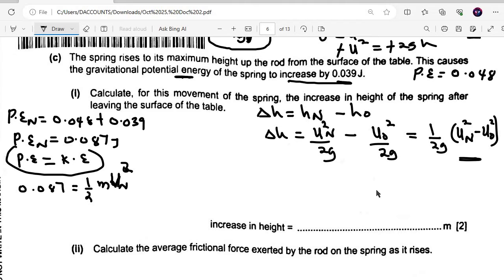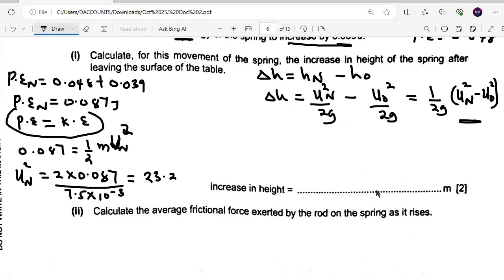From there, the new velocity squared will be 2 times 0.087 all over our mass. Our mass has not changed. Nothing affects the mass. This gives us 23.2. So since the new one gives us 23.2, when you find the square root, it gives us 4.82 meters per second.